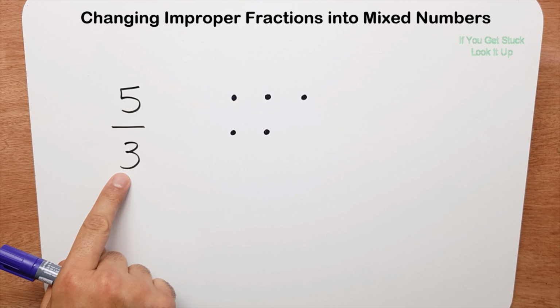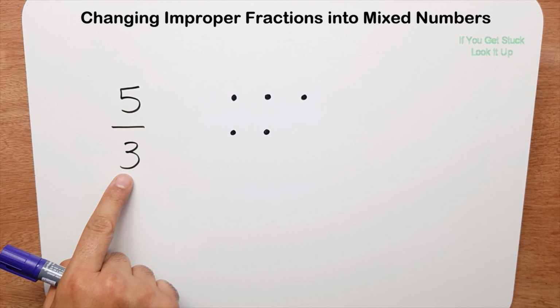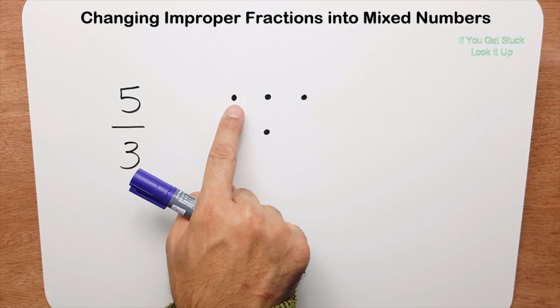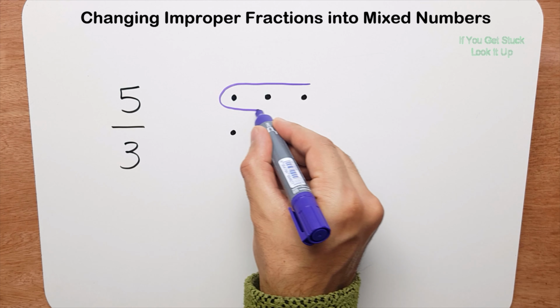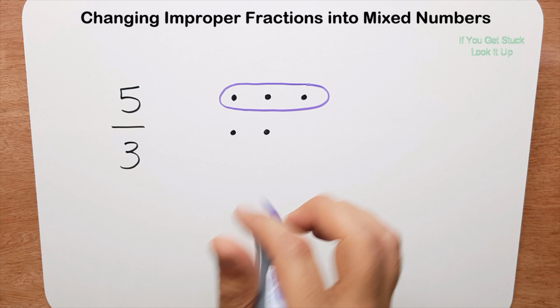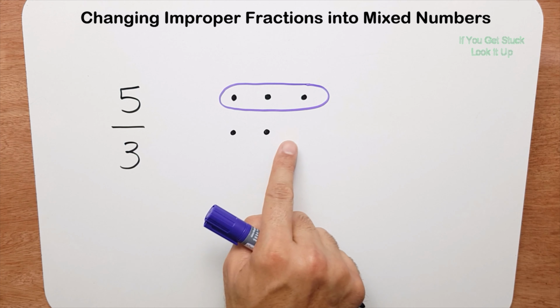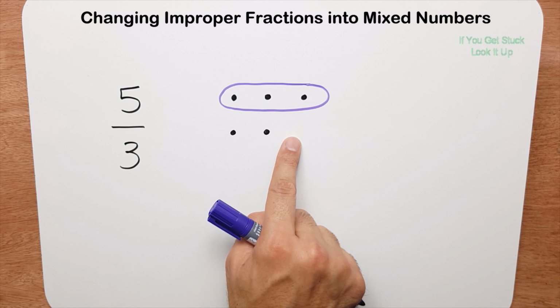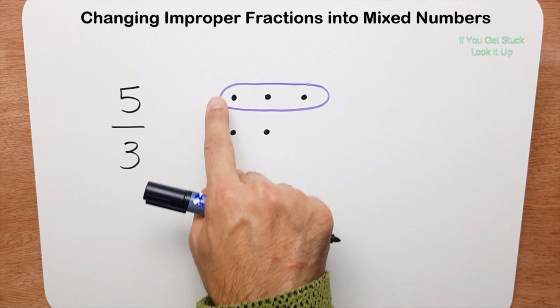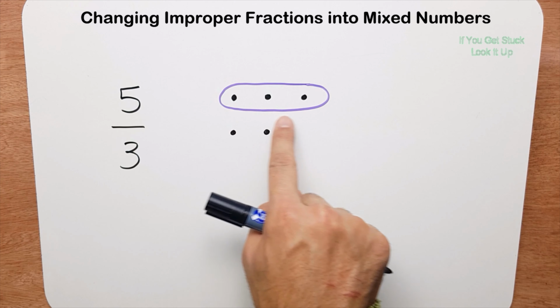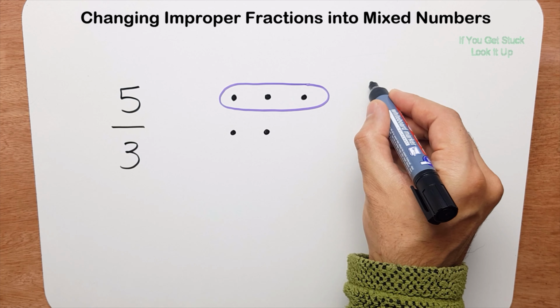And now I need to put them into groups of 3. That's the bottom number. So let me count 1, 2, 3. So that goes into one group. 1, 2. I've not got enough for the next group, so I can stop there. So I count the number of groups, and that's 1, and that's going to be my big number, 1.